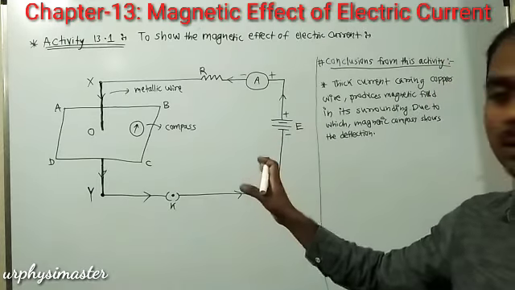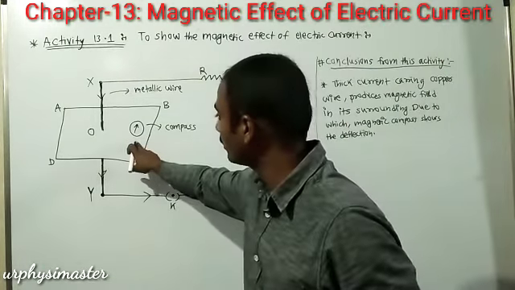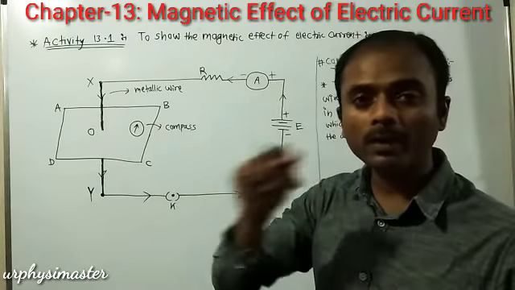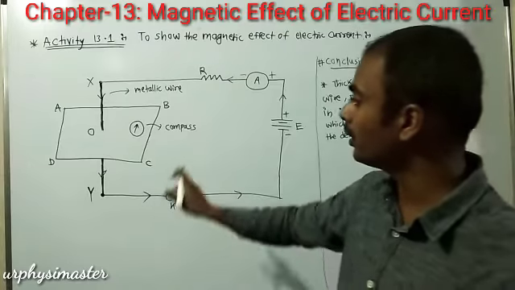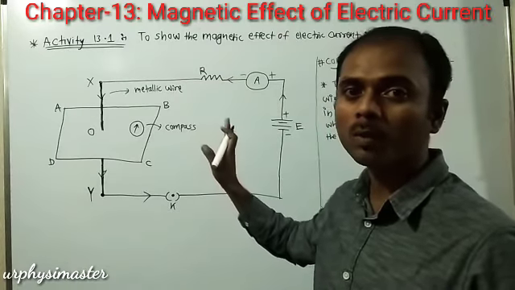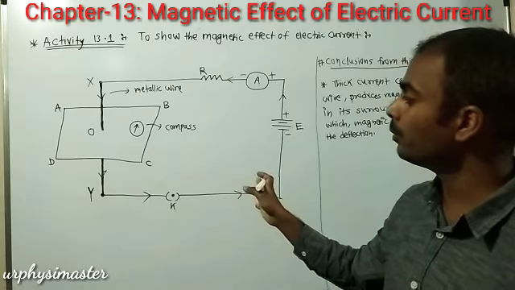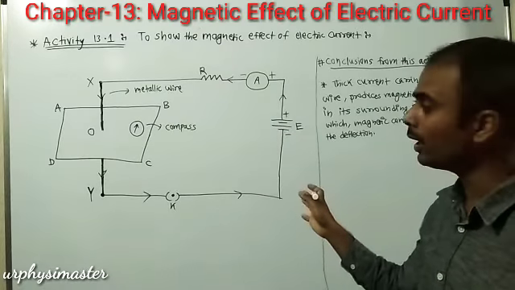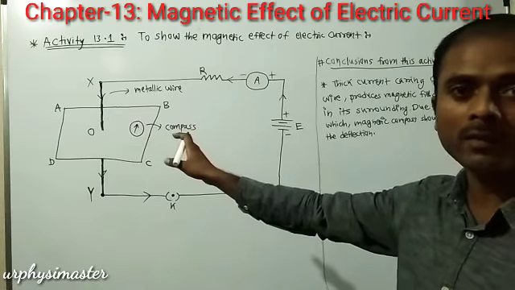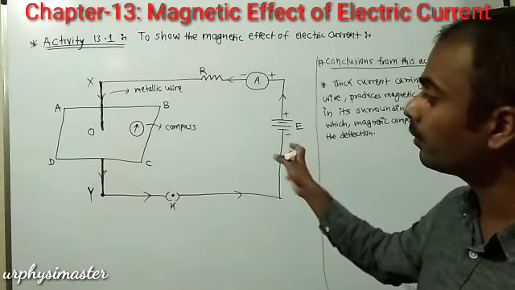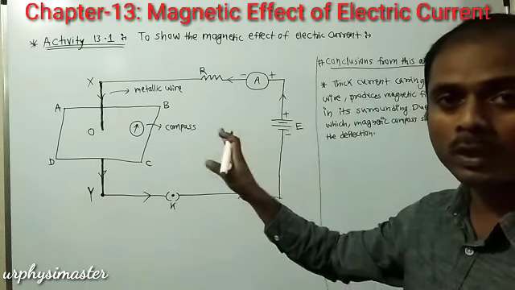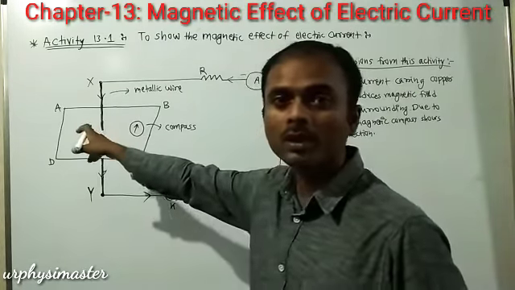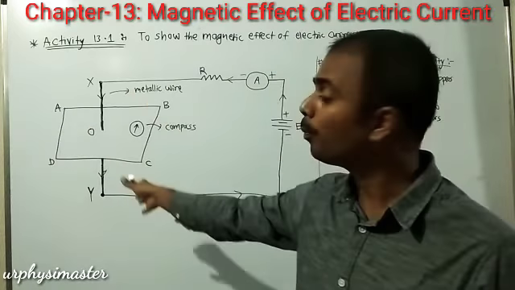Before passing the current, let us notice the deflection of the compass needle. Then after passing the current through the circuit, also notice the deflection in the compass needle. That deflection before and after passing the current shows that there is a presence of magnetic field. But this magnetic field is not due to any magnet. This magnetic field is produced by this thick current carrying copper wire.